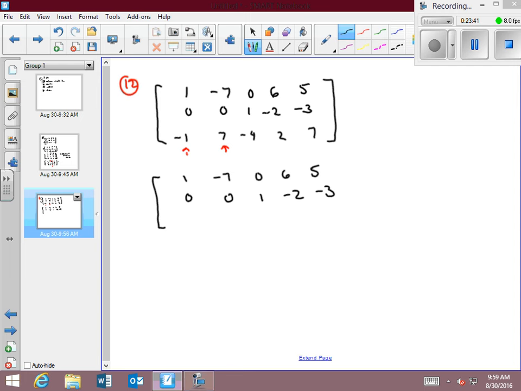It could have been good if that third row would have made a 1 in the second column, but it didn't. When you combine row 1 with row 3, we're going to get a 0 here. This is going to still stay minus 4. This is going to be 8. And then we're going to have 12.